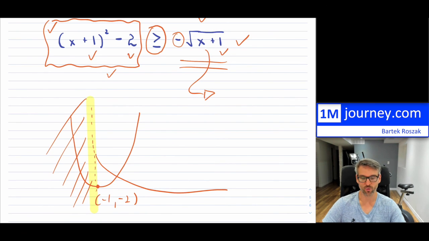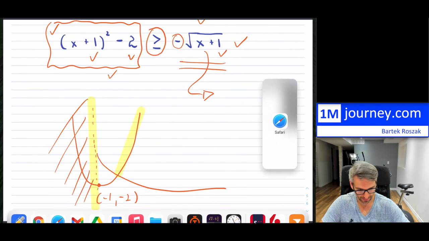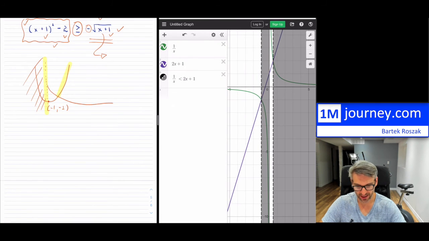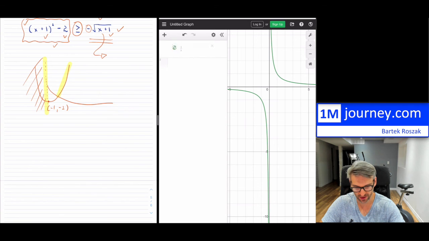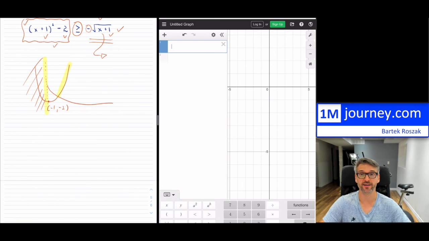And when is one bigger than the other? Well, we're looking for when the parabola is bigger, so it's going to be somewhere along here. Let's graph it and see if we were on the right track. And notice I didn't try to solve this, because it would be a pain to try to solve this inequality whenever it's nonlinear like this.